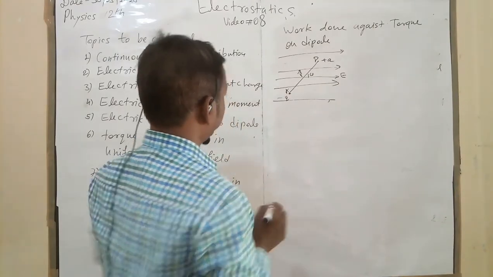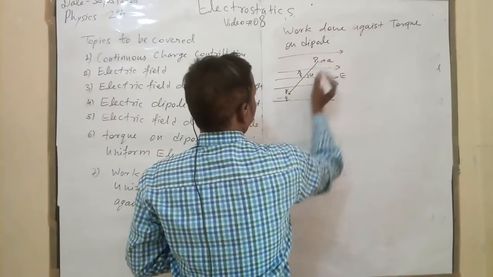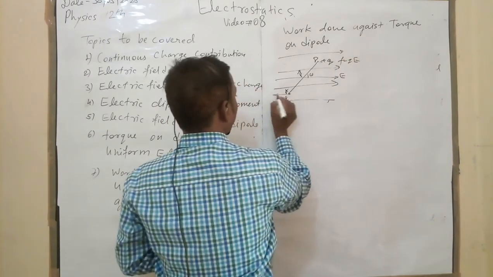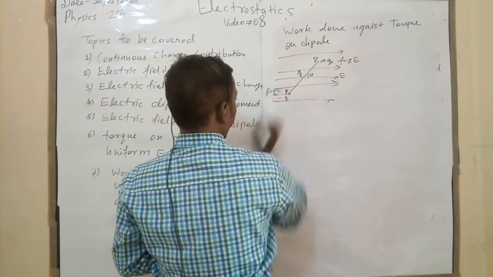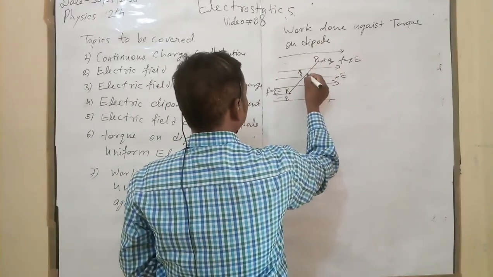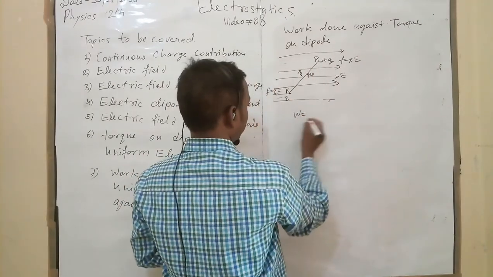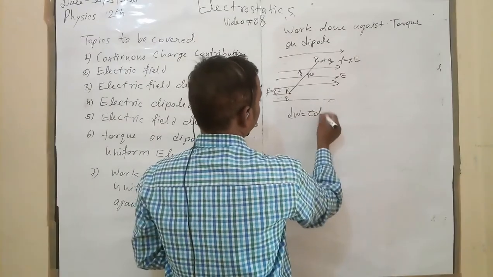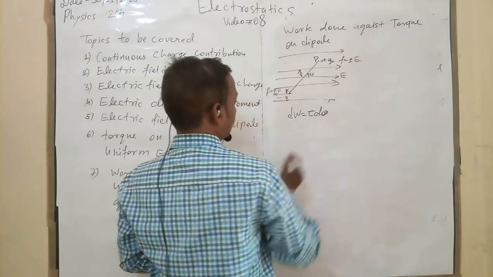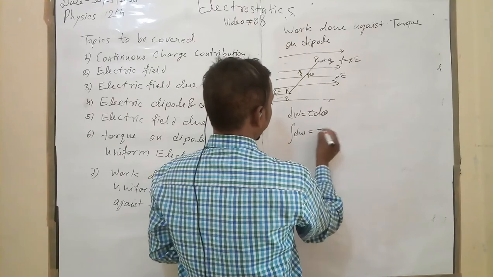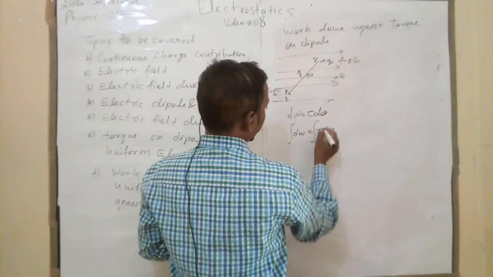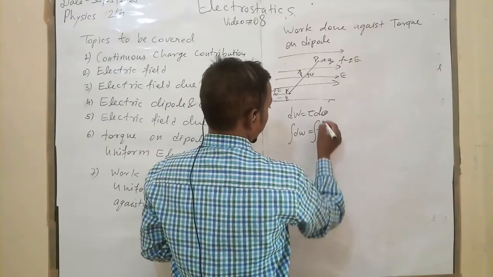Force is equal to qE and there force is equal to qE, so we have to turn this toward this angle theta. So what is the work done? That is tau times d theta. If we turn by a small angle, so put dW equal to tau times d theta, and theta from 0 to theta.